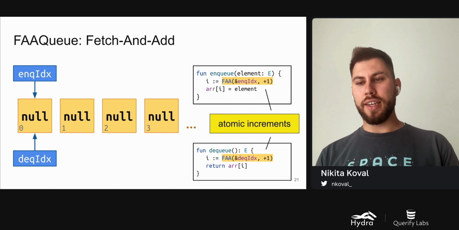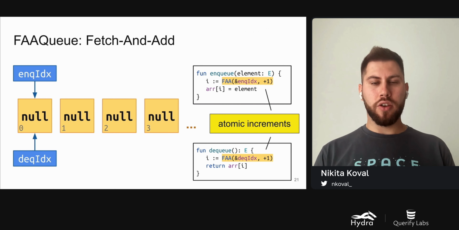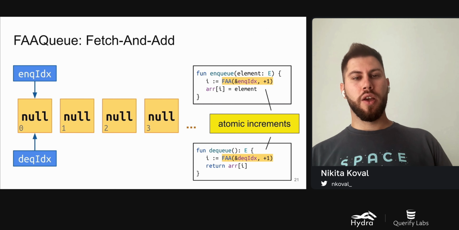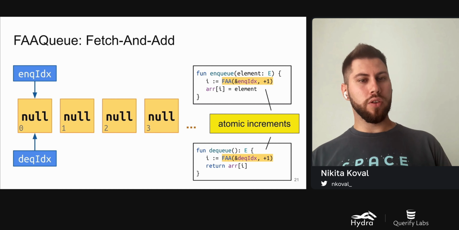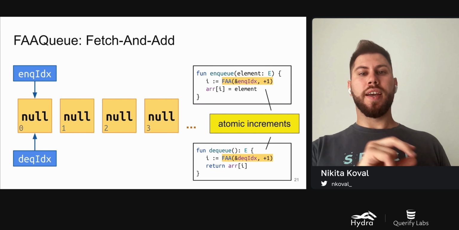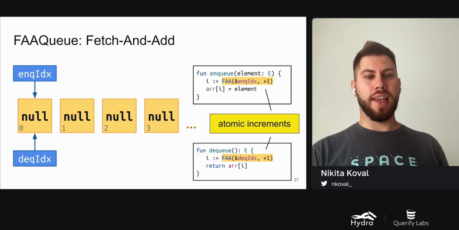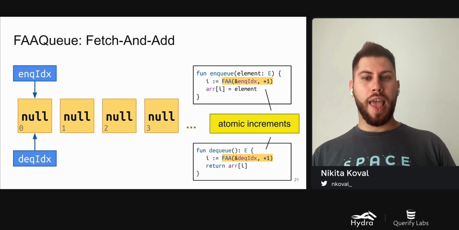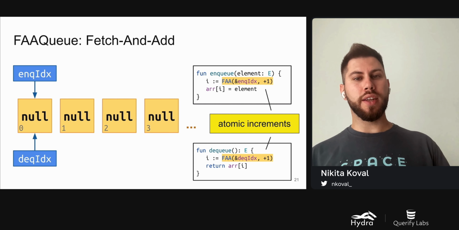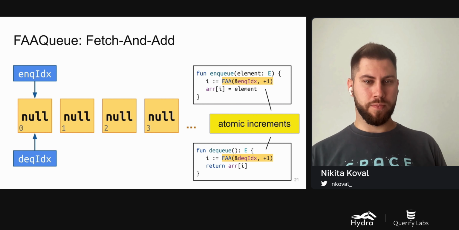And thus, when multiple threads perform enqueue and dequeue operations, we can now guarantee, first of all, that both enqueue and dequeue process array cells step by step, and also that at most one enqueue and one dequeue are working on the same cell concurrently.